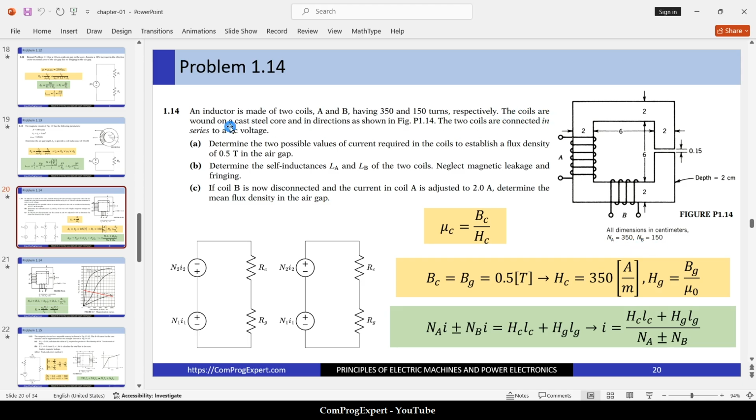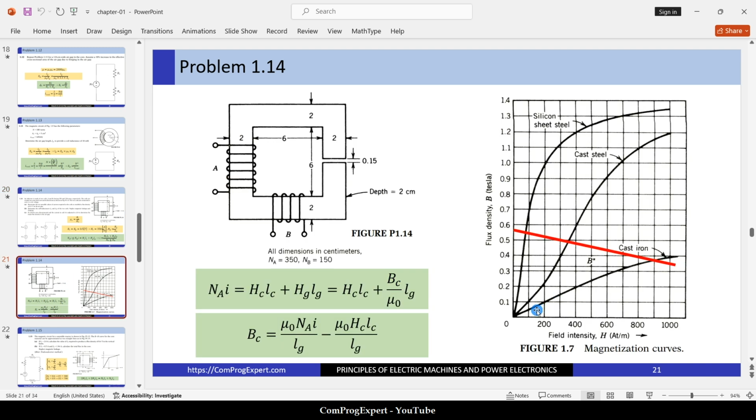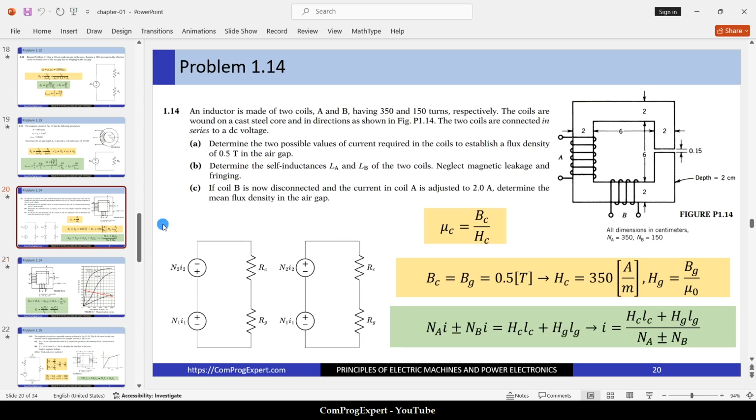The coils are wound on a cast steel core and in directions as shown in the figure. So the material of the core is cast steel. We have the BH curve of the cast steel in this figure 7 of chapter 1.